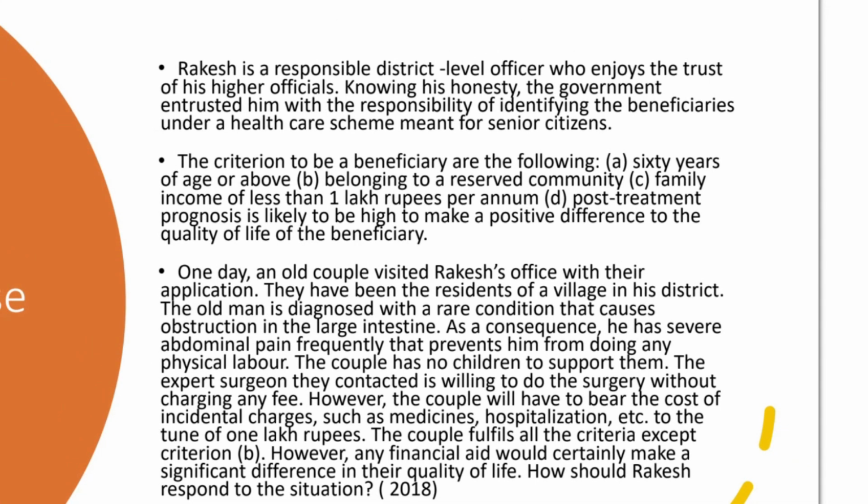Rakesh is a responsible district level officer who enjoys the trust of higher officials. Knowing his honesty, the government entrusted him with the responsibility of identifying the beneficiaries under a healthcare scheme meant for senior citizens.